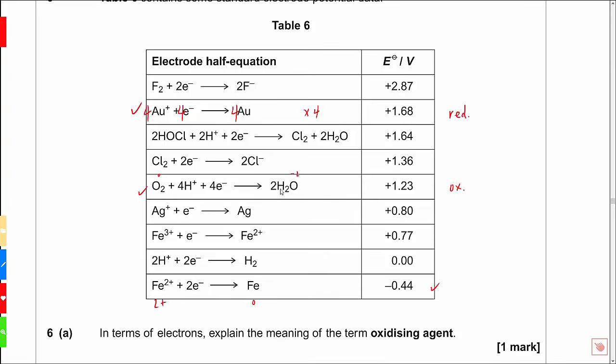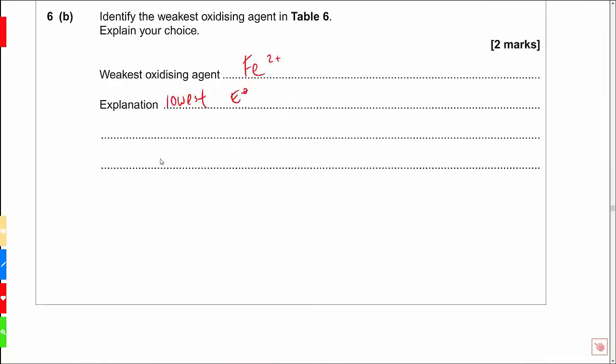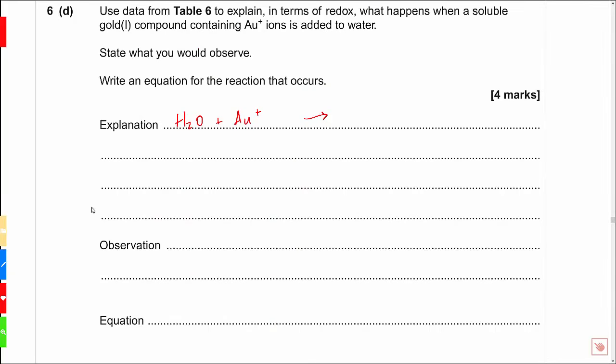Actually, can we simplify that slightly? No, we can't. 2H2O plus 4Au+ is going to go to 4Au plus, I think it was 4H+ and O2.